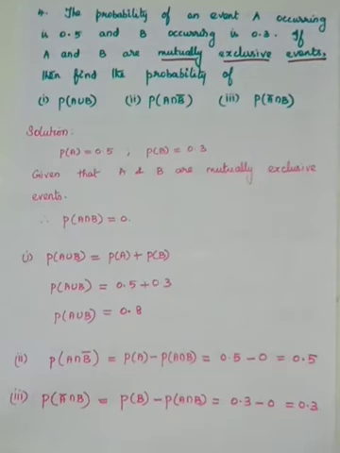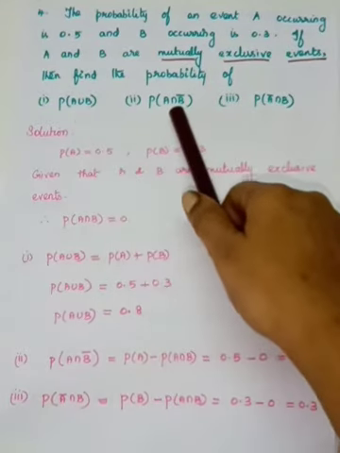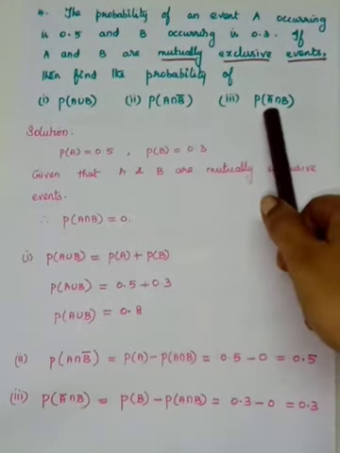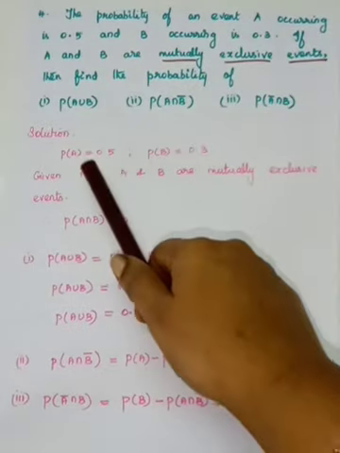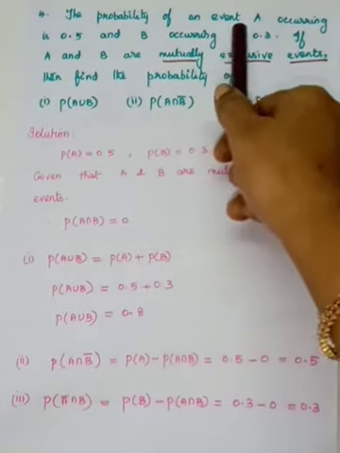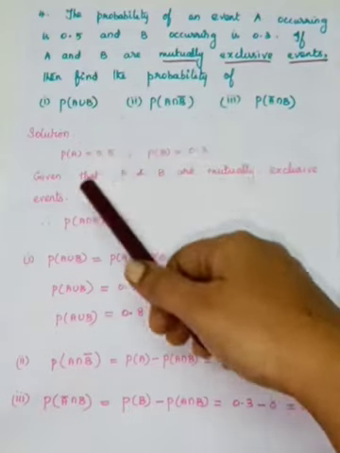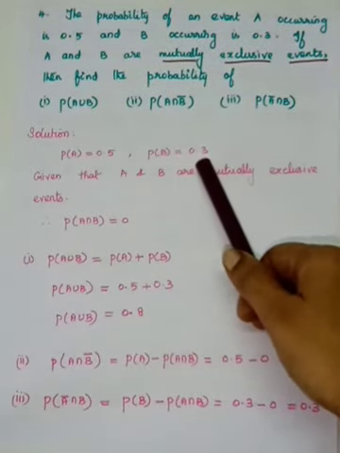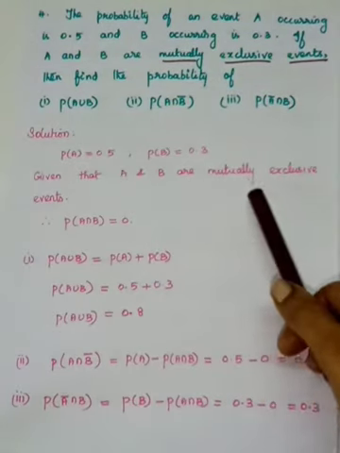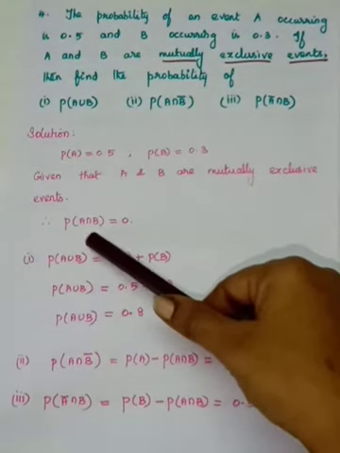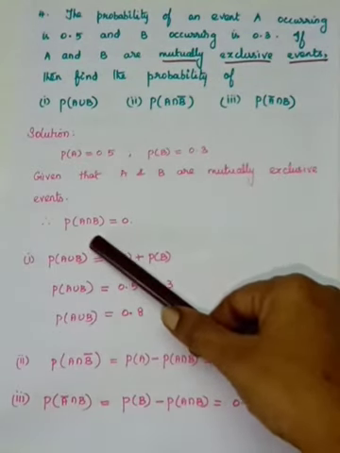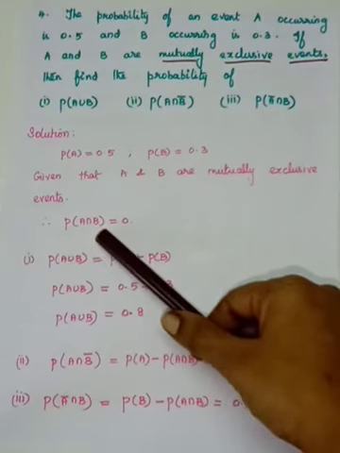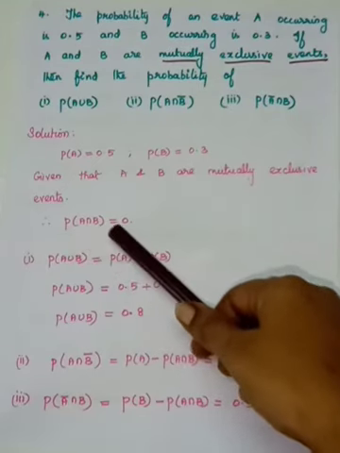Then find the probability of A union B, P of A intersection B bar, and P of A bar intersection B. So what is given? P of A is equal to 0.5 and P of B is equal to 0.3. A and B are mutually exclusive events, so there are no outcomes common between A and B. Therefore P of A intersection B is equal to 0.